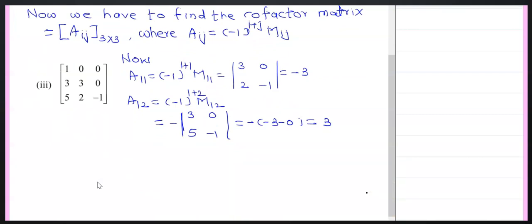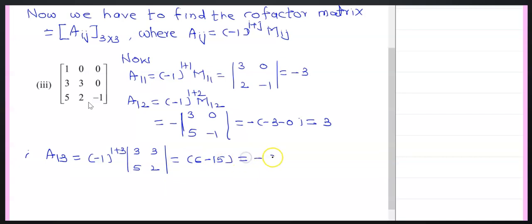Next is A13: minus 1 raised to 1 plus 3, 3 3 5 2. That is 6 minus 15, which is minus 9.